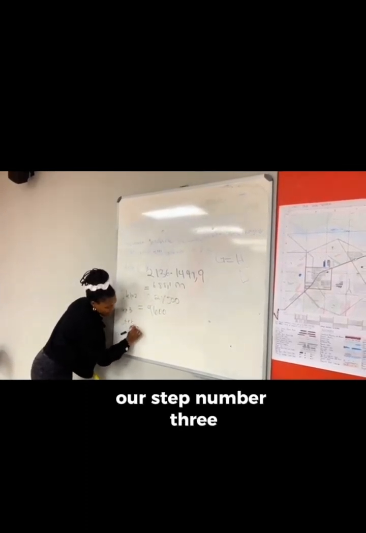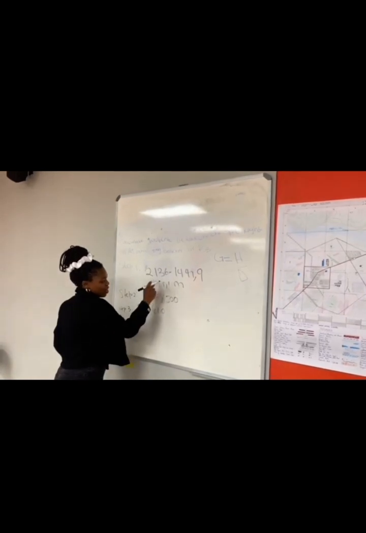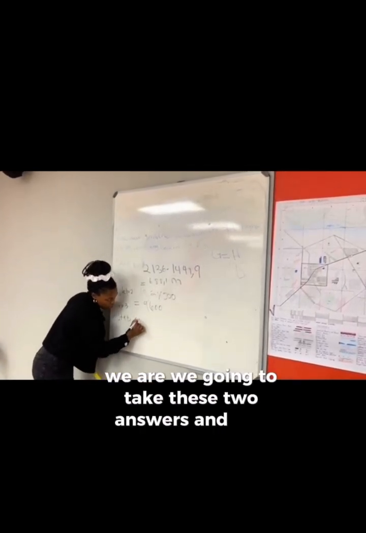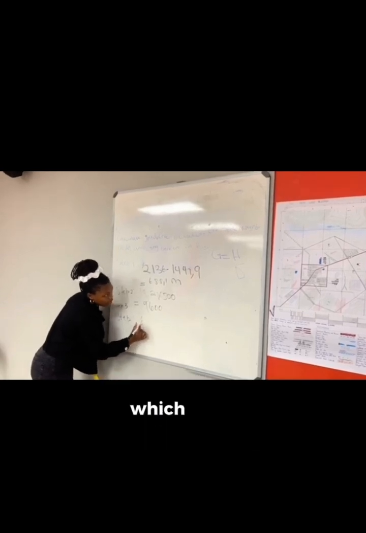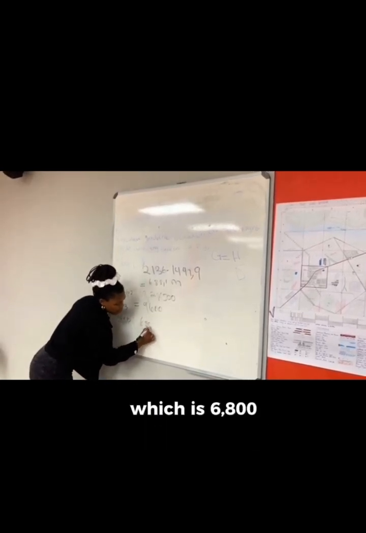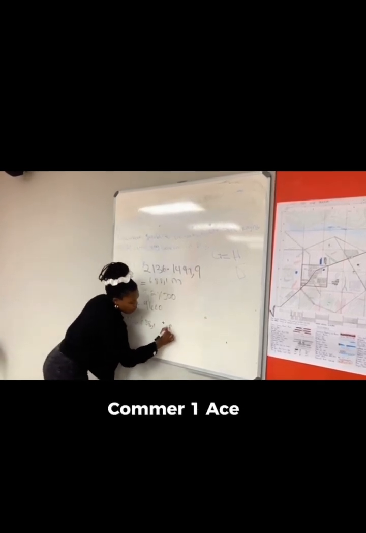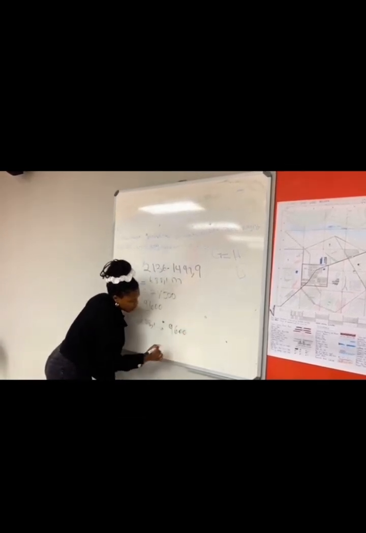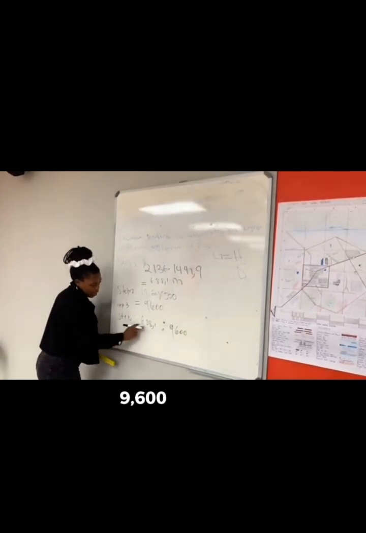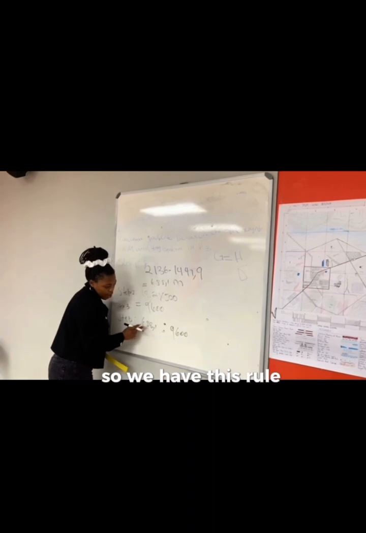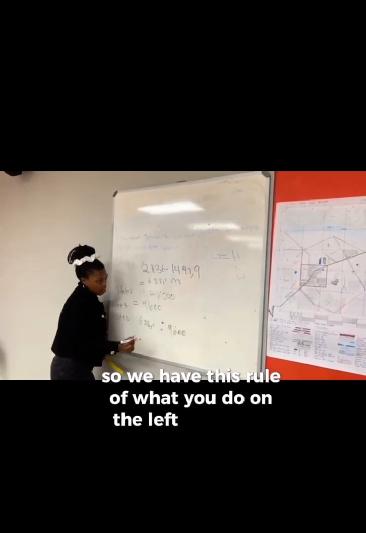Our step number 3, we're going to take these two answers and make them the ratio, which is 6,800, 1 is to 9,600.